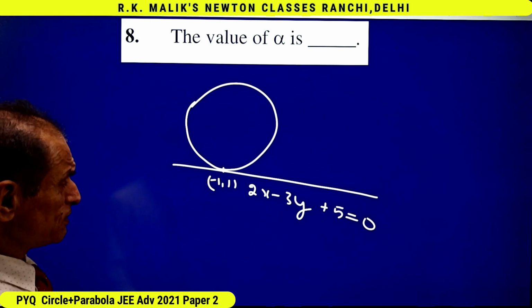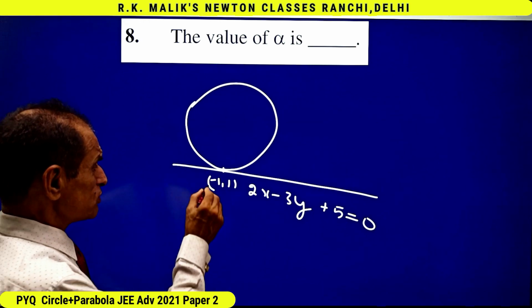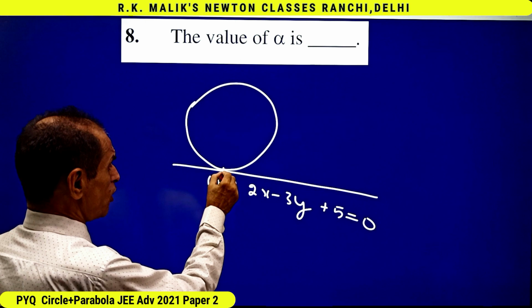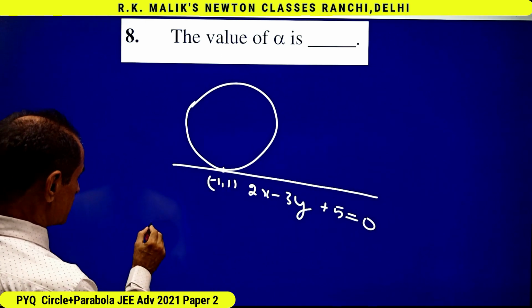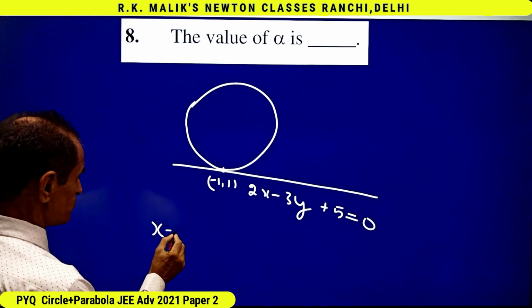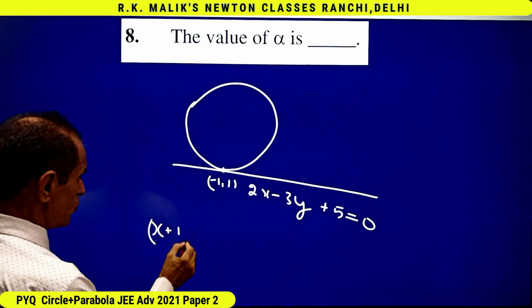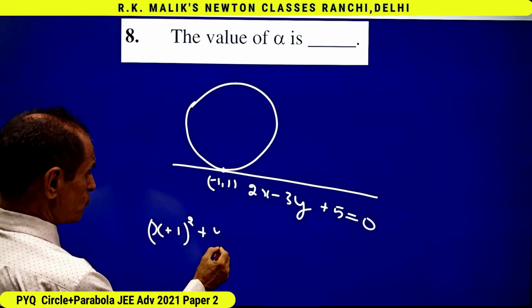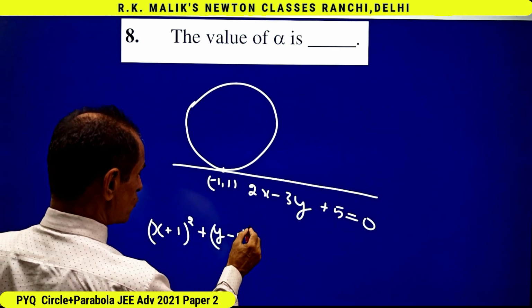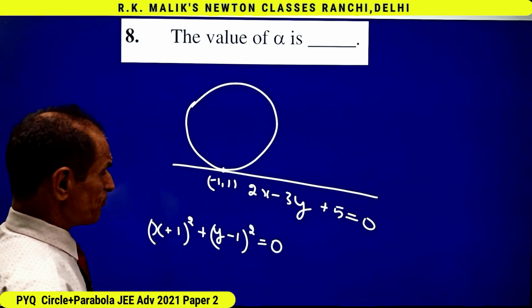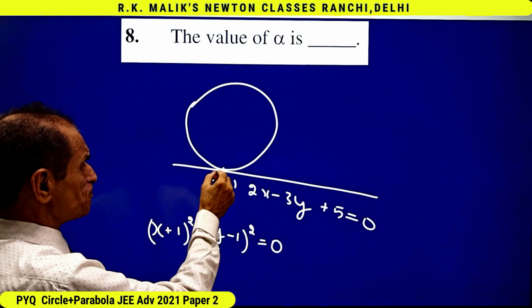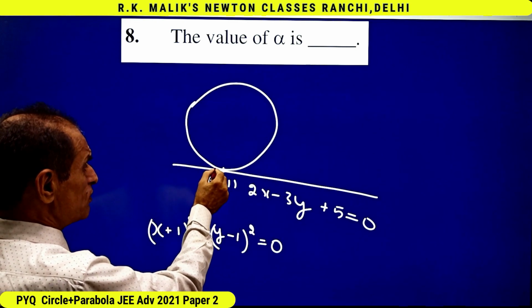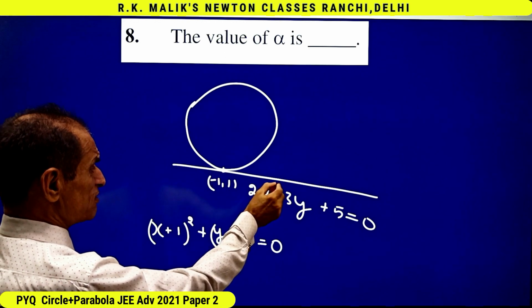and the concept says that suppose there is a very small circle of radius 0 placed here. The equation of that circle will be x minus minus 1, that is x plus 1 whole square, plus y minus 1 whole square equals 0. And we can say that our circle is passing through the intersection of this point circle and this line.